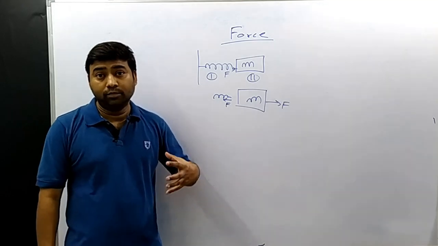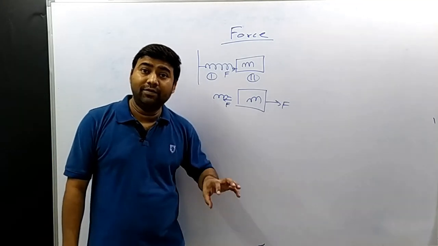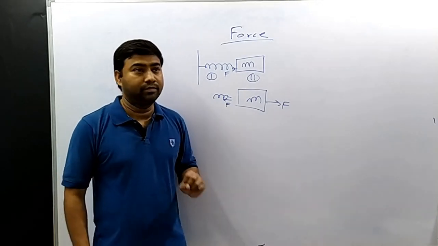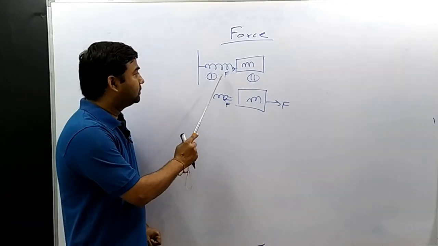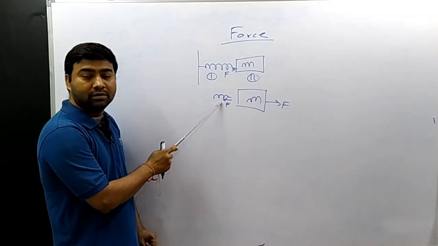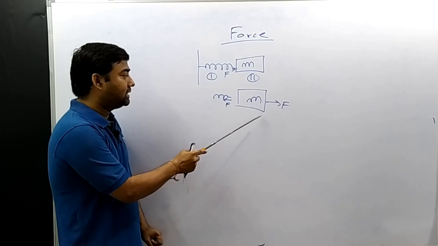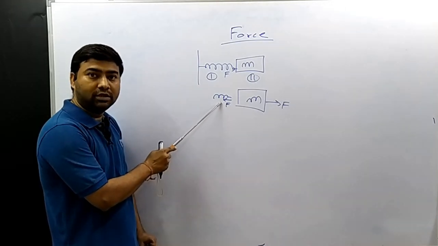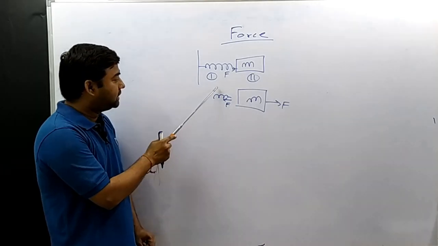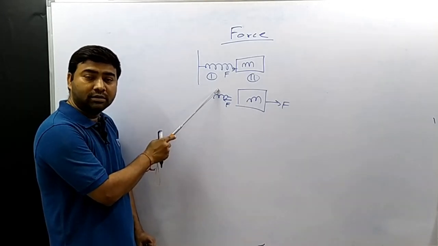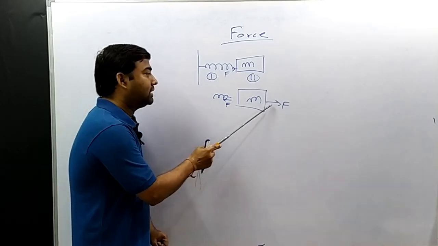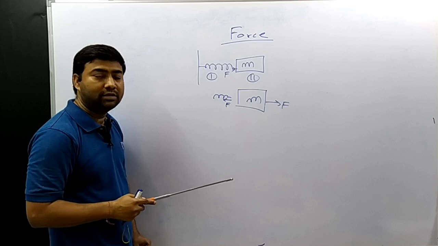Another important thing: both these forces are never applied on the same object or same system. There are two forces. One is applied on mass m and the second is applied on the spring. Both F forces are equal and opposite to each other. F force is applied by the spring on mass m in this direction.